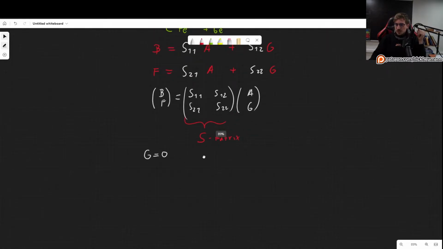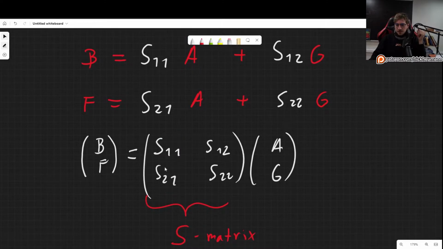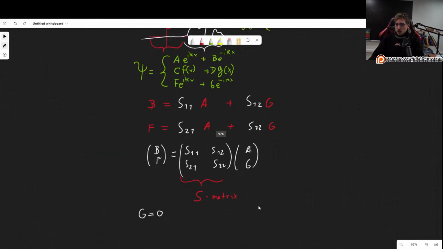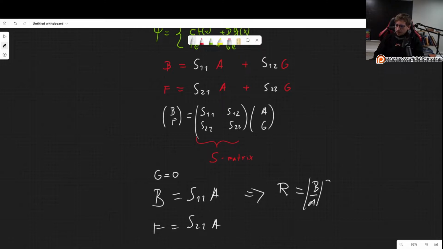So in that case, when G is equal to 0, we can see from these equations immediately, whether you want to see it from these two equations or from the matrix form, that B is equal to S11 A and F is equal to S21 A. So this means that the reflection coefficient, which is B over A squared, is simply S11 modulus squared.